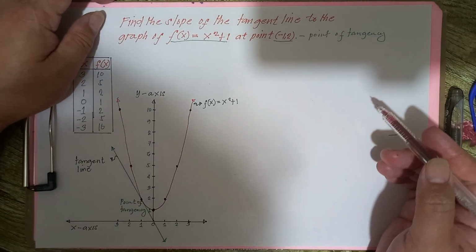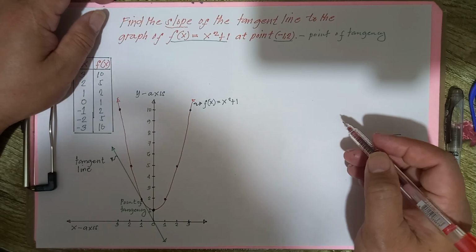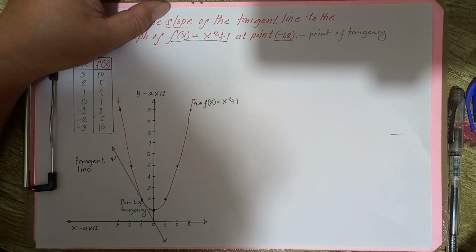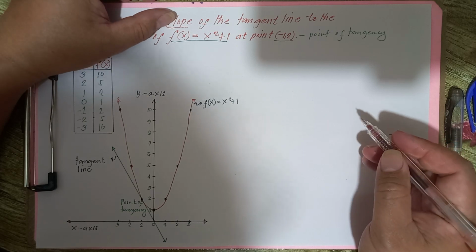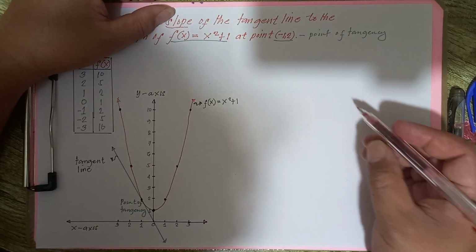we are now ready to solve for the slope. When we solve for the slope, we have to recall the limit definition of the derivative.